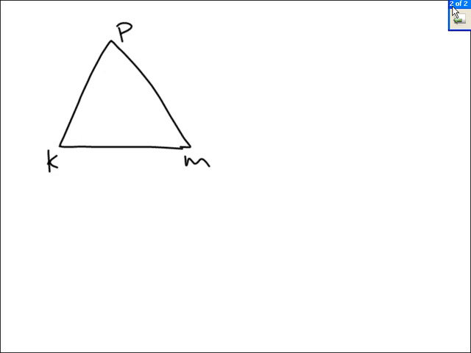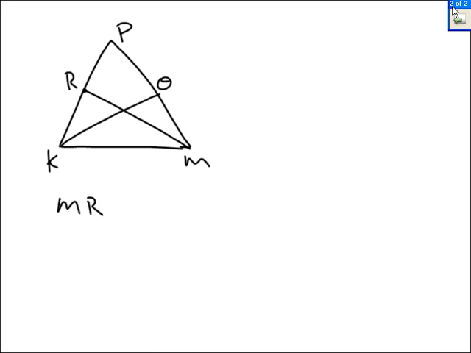Now, suppose you have a triangle like this. Let us call this triangle KMP, and we want to partition it as such. We go like this to point O, and we go like that to point R. A few things are known about this.